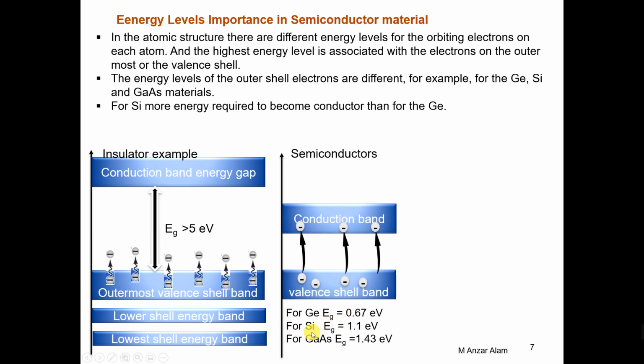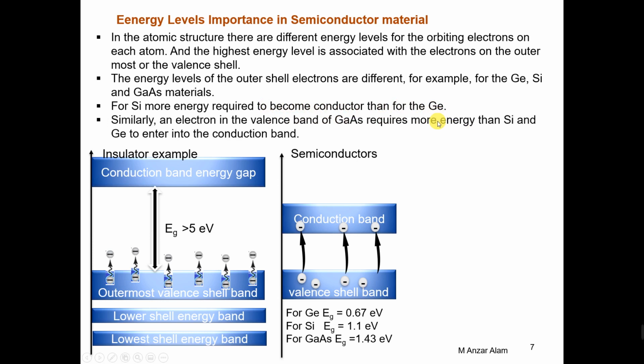But for silicon it is 1.1 electron volts. So silicon needs more energy to cross this energy gap, and gallium arsenide needs more than silicon. So for silicon, more energy is required to become a conductor than for germanium.